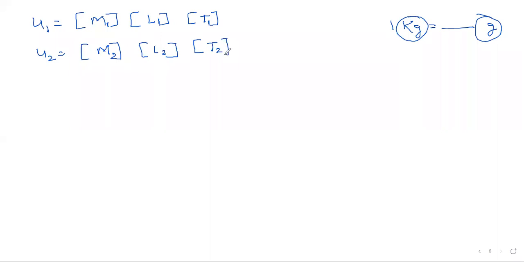Important thing: while converting 1 kg to grams, how much is the power of the kilogram? 1. Is the power changing when you convert? Answer is no. If this is x, this will remain x. If this is y, this will remain y. If this is z, this will remain z. Am I clear in my words?